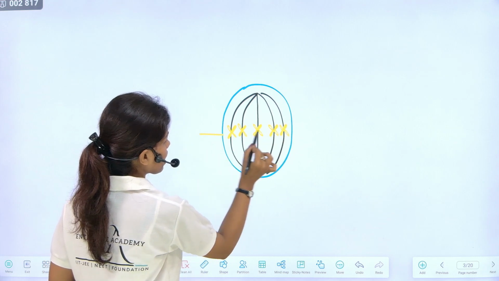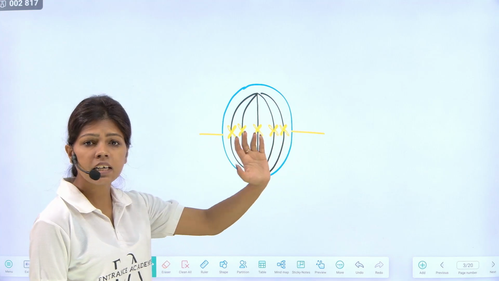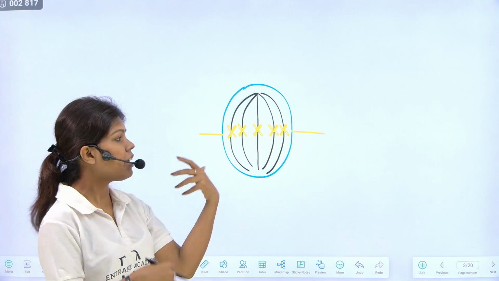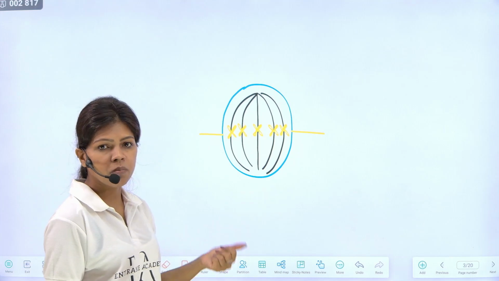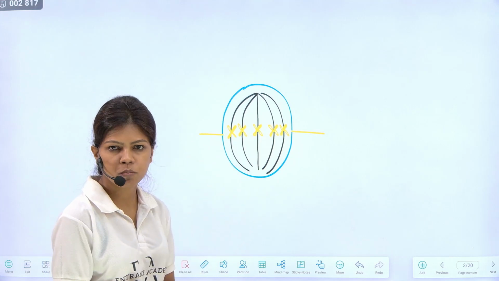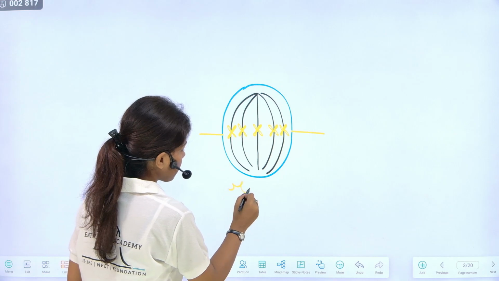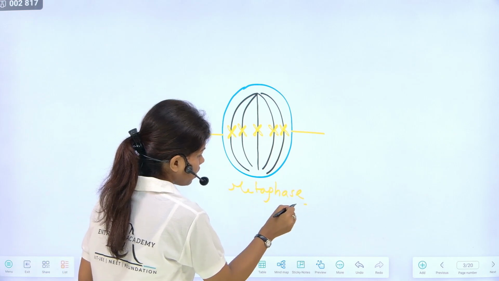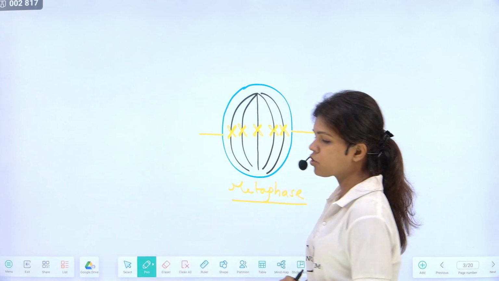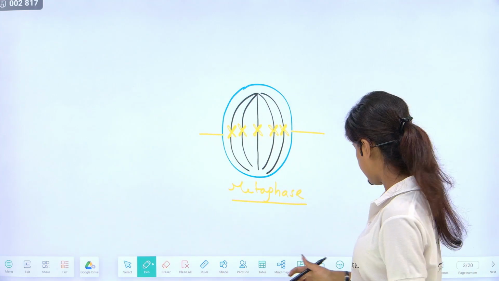This region is the equatorial region and chromosomes are very nicely arranged there, and when you see it under a microscope, you can see the proper structure of a chromosome. So metaphase is the best phase to see the proper structure of a chromosome during cell division.